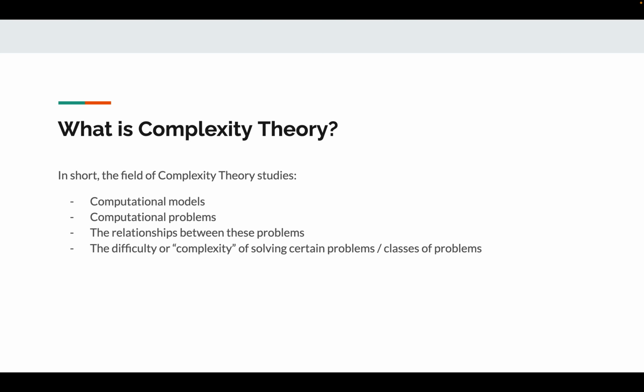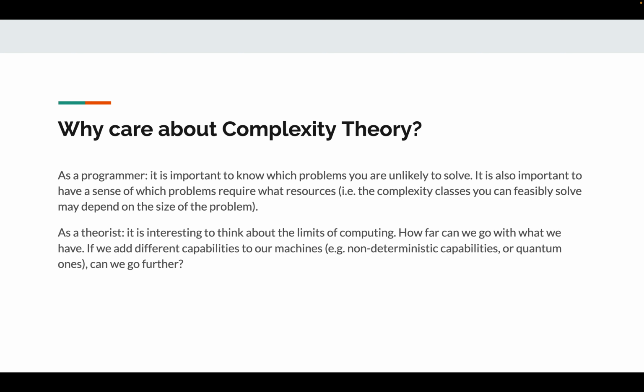So the field of complexity theory covers computational models, their relationships, computational problems and their relationships, and also this notion of the difficulty or complexity of solving a certain problem, like what resources are needed in order to solve that problem. Okay, and again, why care about complexity theory? Well, as a programmer, it's very important to know what problems you can't solve.